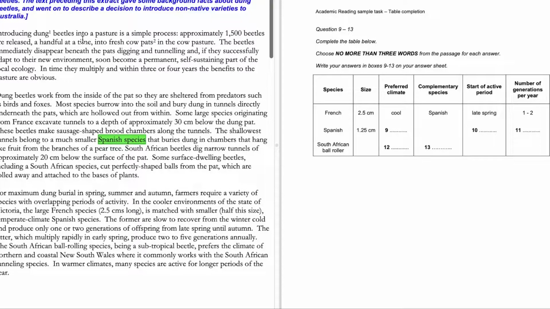We don't have to waste our time on reading this paragraph because it doesn't have any required information or any information which is going to help us to find an answer to our questions. So in the second paragraph we can't see anything about the climate, so we need for the question number 9 the preferred climate for Spanish.